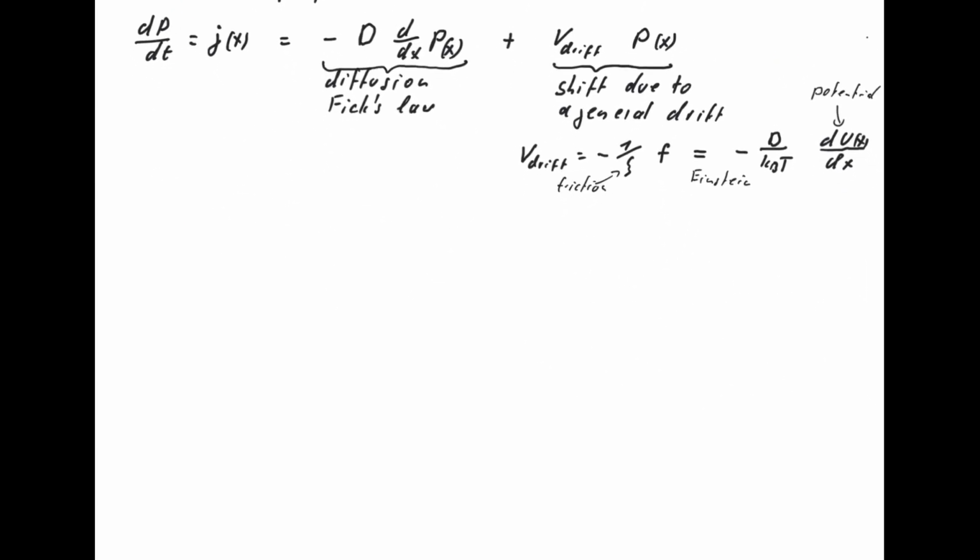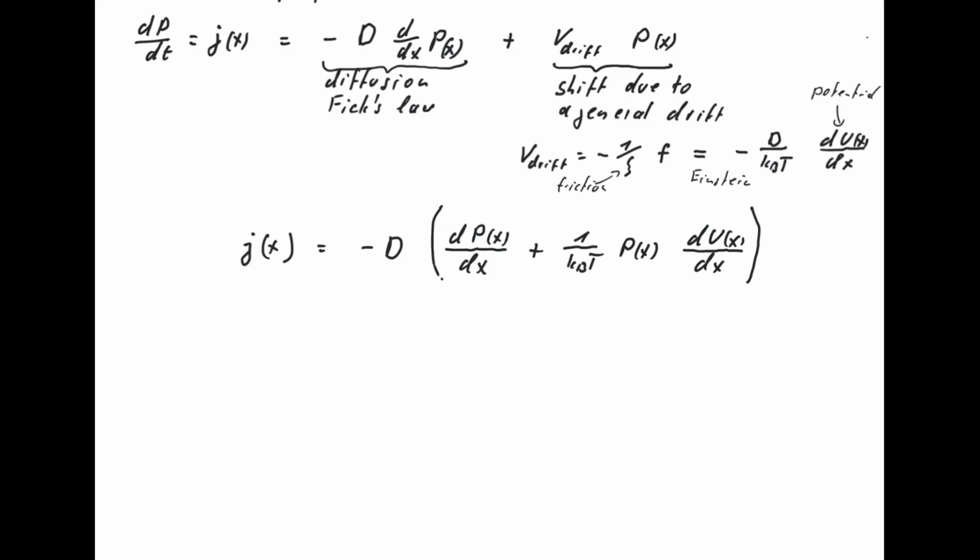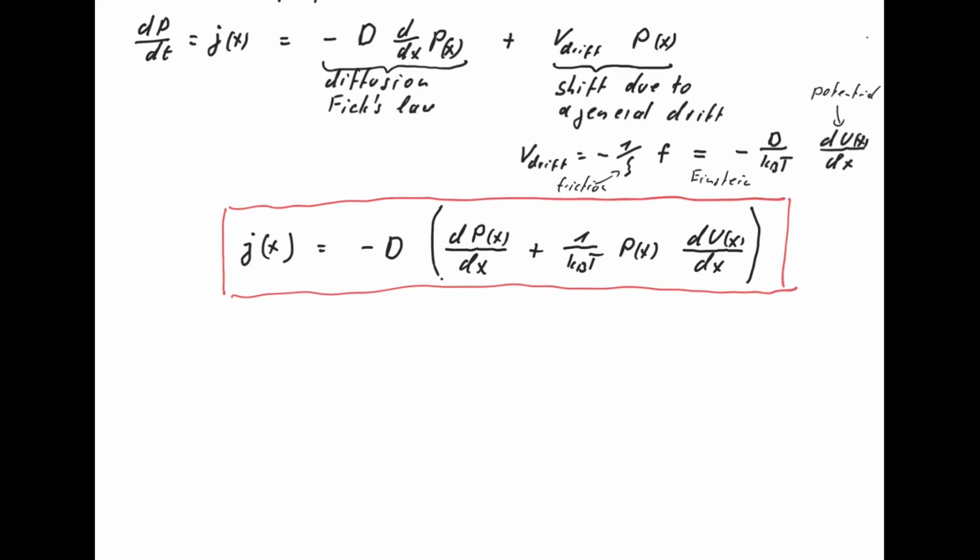Hence, putting everything together, we now have calculated the probability flux as a function of x, and that is given by minus D times the gradient of P of x plus 1 divided by kBT times the probability P of x times the gradient of the potential. Thus far, we just considered the probability flux of the system.